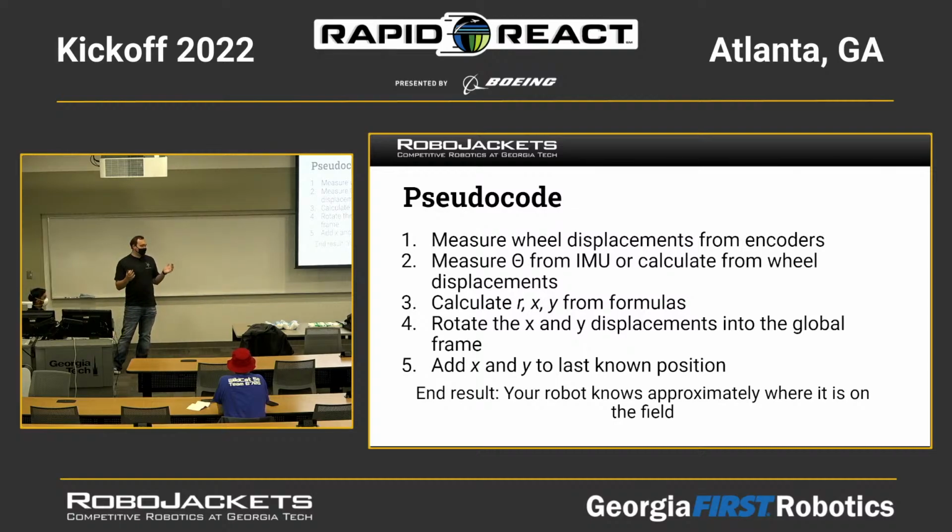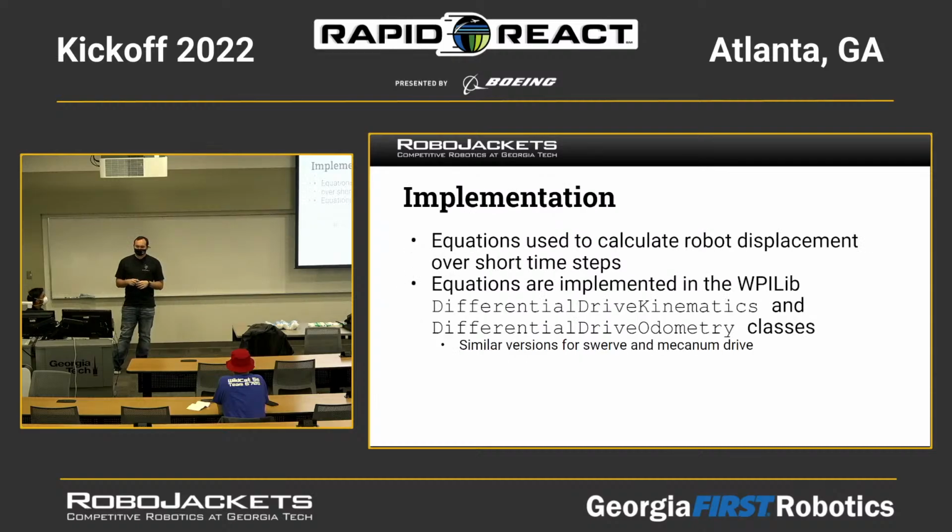And this has some error. People have noticed your wheel encoders can slip, your wheels can slip, and things will get a little bit off. But this is a pretty good way to get a general estimate of where you are in the world. There are some implementations that already exist of this, as far as I understand, and it computes essentially the position of your robot.